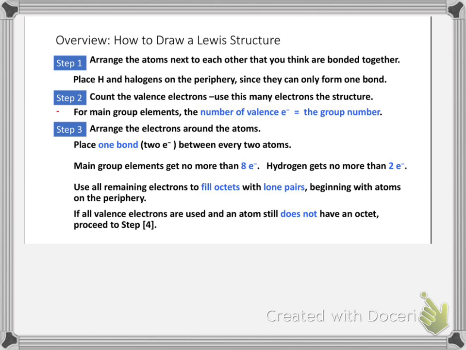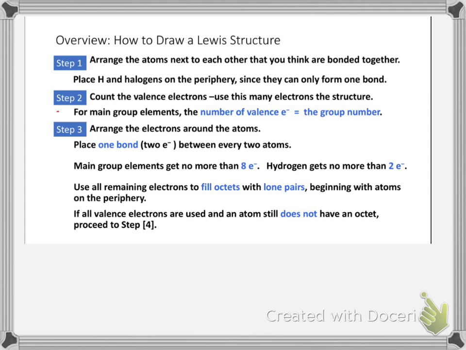And I have some steps written here. The way I approach Lewis structures is very methodical. As you get better at it, you might not think about it exactly in the steps, but this is a really good place to start.